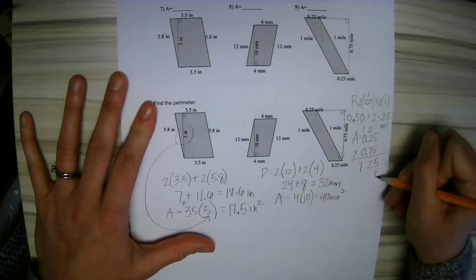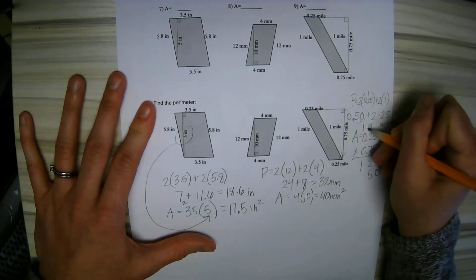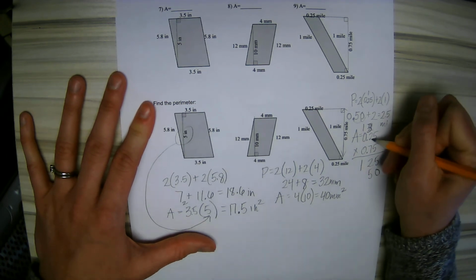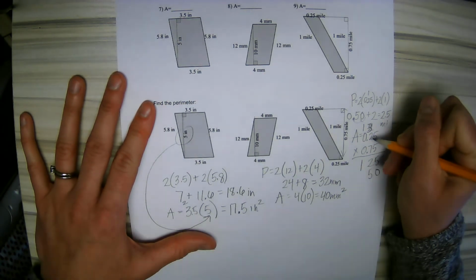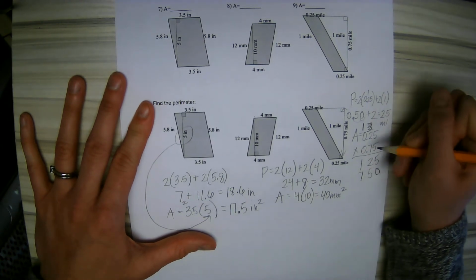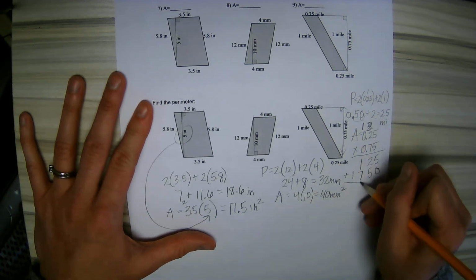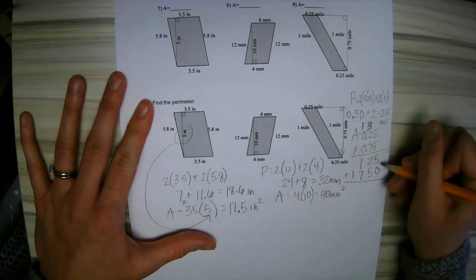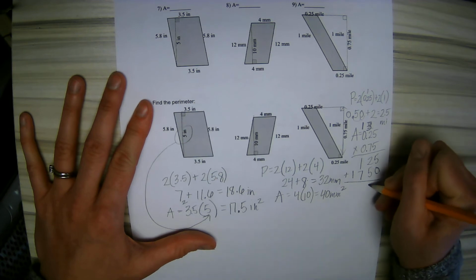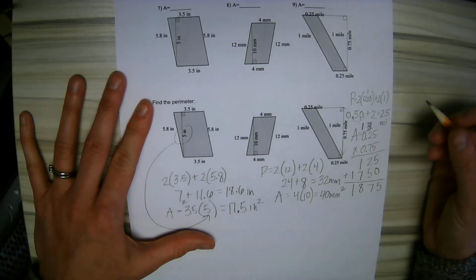Then I'm going to hold my place. 7 times 5 is 35. 7 times 2 is 14, plus 3 is 17. 7 times 0 is 0, plus 1. So 5, 7, 8, and 1.